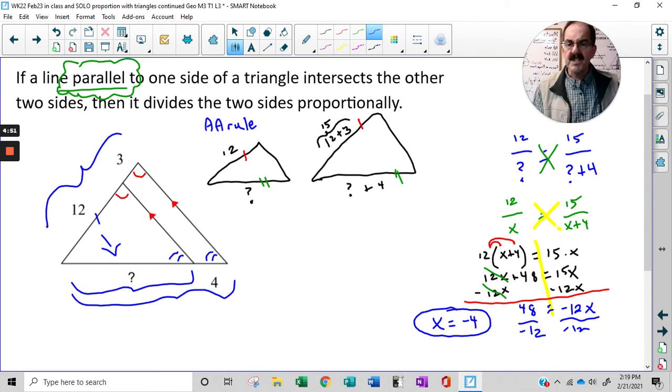Alright, must have made a mistake in here. X to x plus 4 as x to x plus 4.